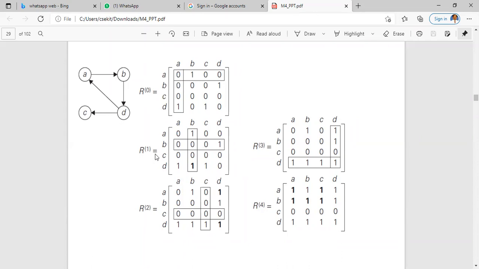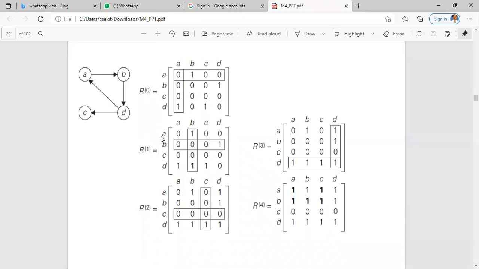Coming for R1, R1 means second row, second column. First row, first column will be R0, second row, second column will be R1. Now you can see there is a path from B to D, so you can have a path from D to B also.